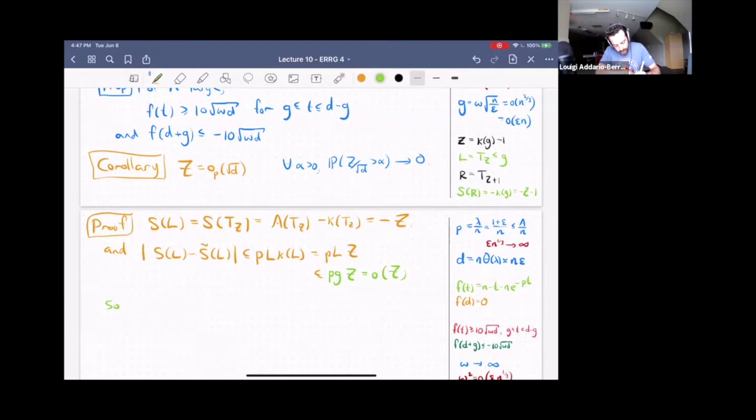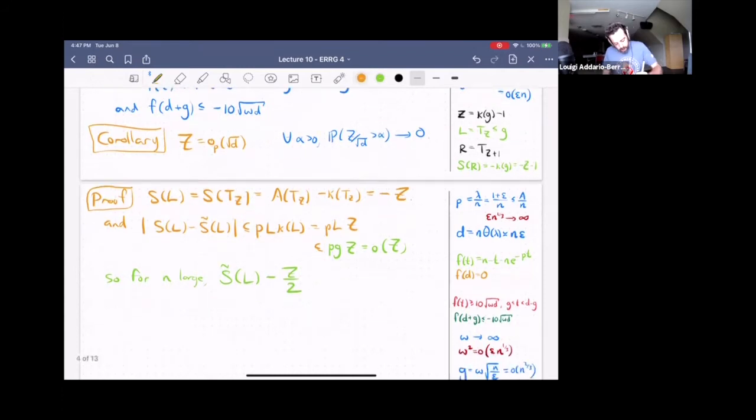And so that means that S_L is minus z, and the error is little o of z, and so that means that at least when n is large, S tilde at L is less than, say, negative half z, so minus z over 2. Okay, but we also know that f of L is positive, right?